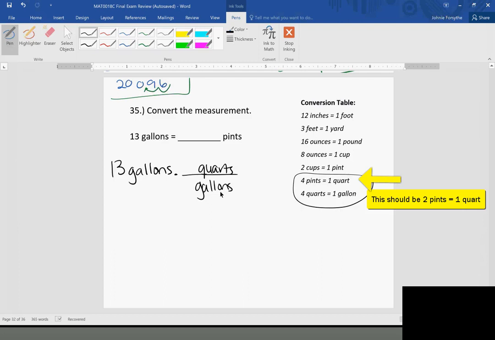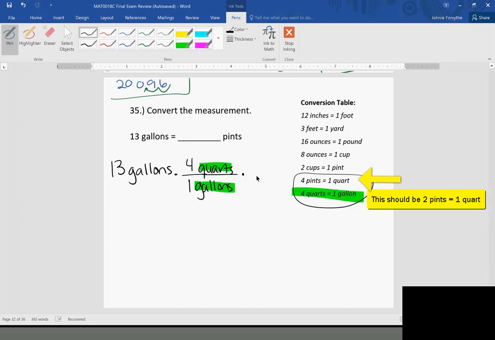I put the gallons on the bottom because when I multiply, the gallons will cancel out and I'll end up with quarts. So let's see, I know that 4 quarts equals 1 gallon.